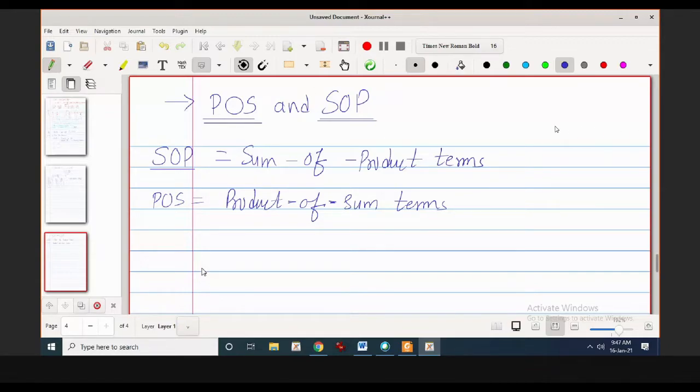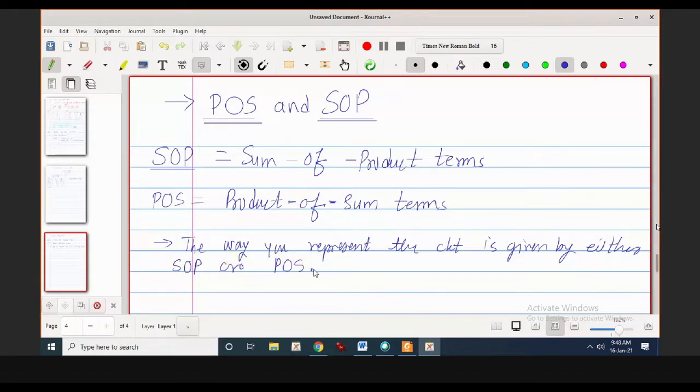Okay, so why is this SOP and POS required? The way you represent the circuit is given by either SOP or POS.